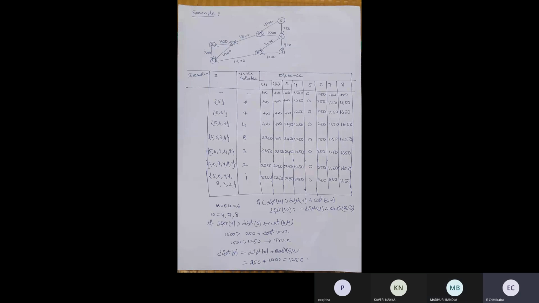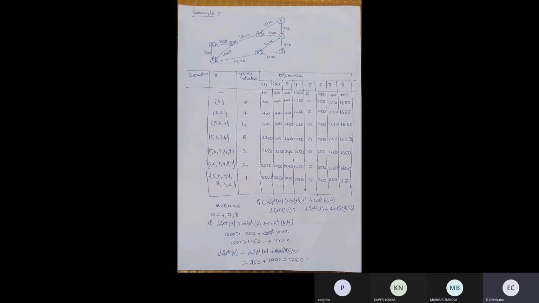Distance of 3 is plus infinity, greater than distance of 4, which is 1250, plus cost of 4, 3, which is 1200. Plus infinity greater than 2450. Condition is true. Next, find the distance of 3 equal to distance of 4 plus cost of 4, 3.